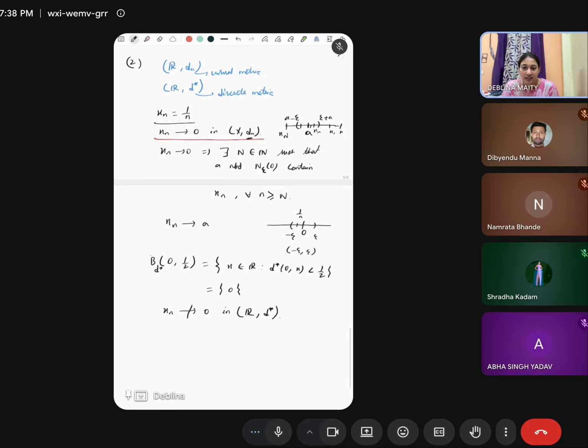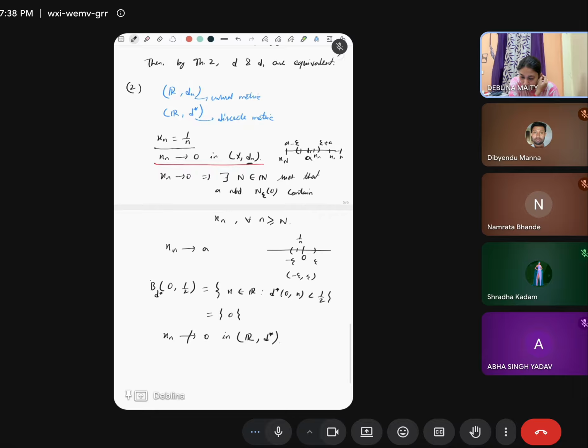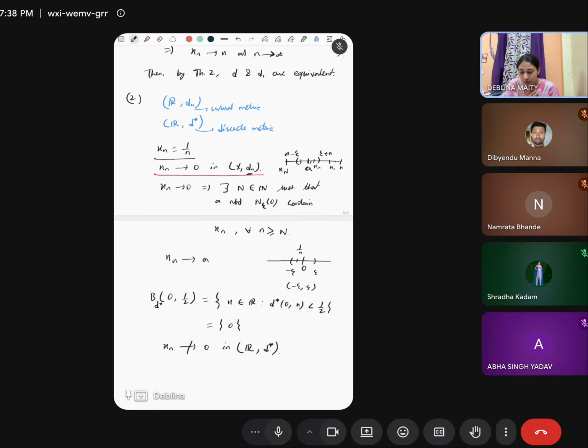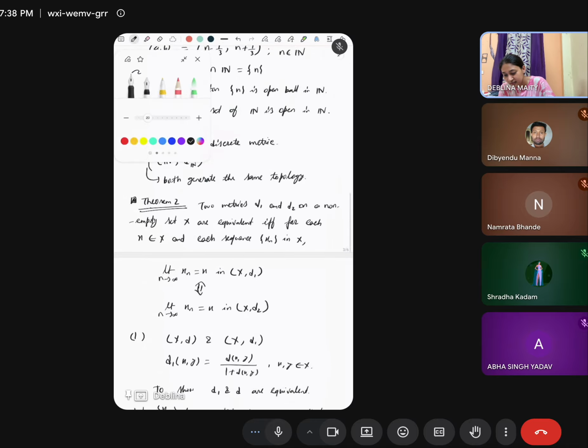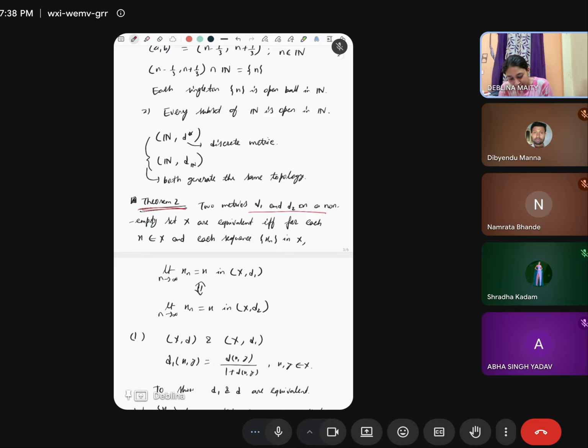Is this clear? So with respect to the usual metric it converges to 0, and in d star it does not converge. Then by theorem 2, which says that if in d1 xn converges to x and this implies it converges in d2, then they are equivalent.